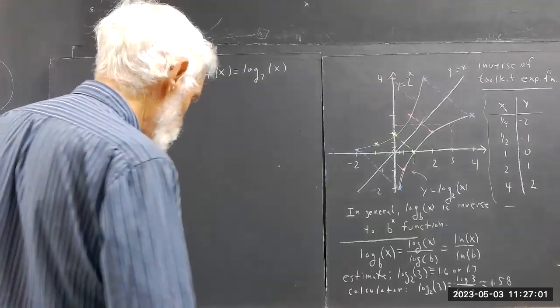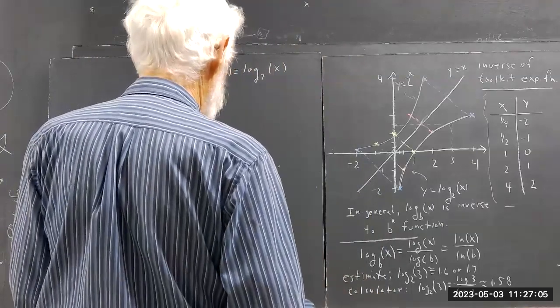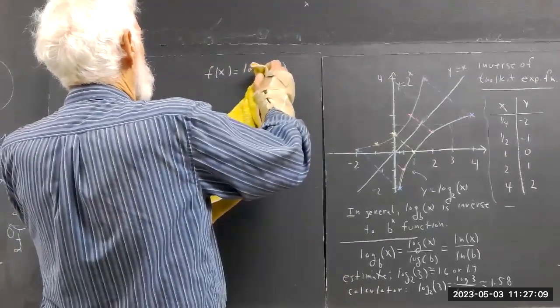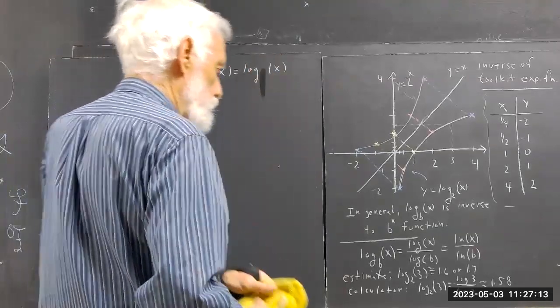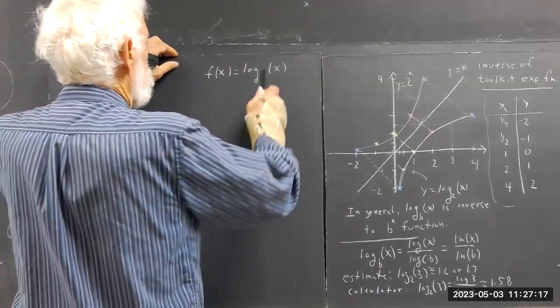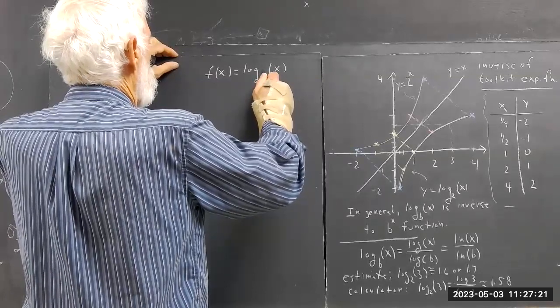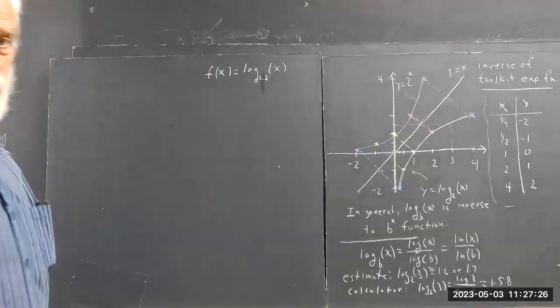Let me change that to 7. It's going to be easier to draw the log for smaller. Okay. Let's say that we want to do the log base 1.2 of x.